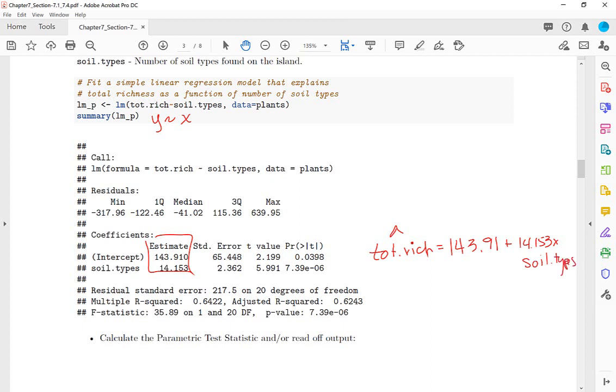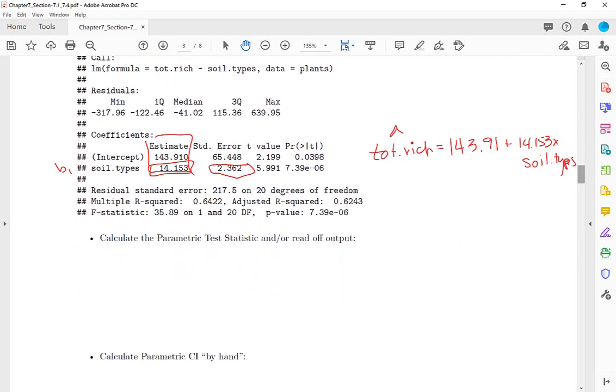That's our estimated line of regression. Soil types is our slope, so this is our estimate for our slope. This is the standard error for the slope. So to find our parametric test statistic, we'll take t, the value of slope, divided by the standard error of slope.